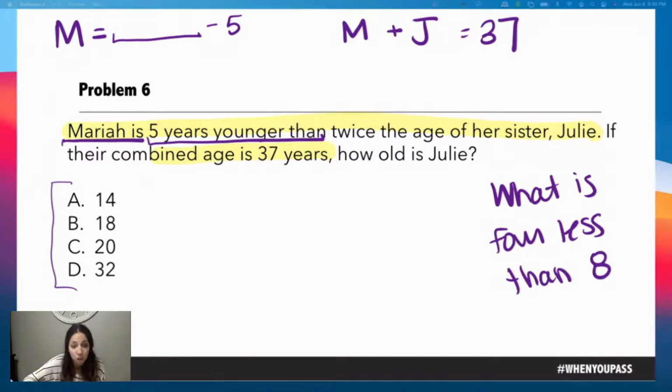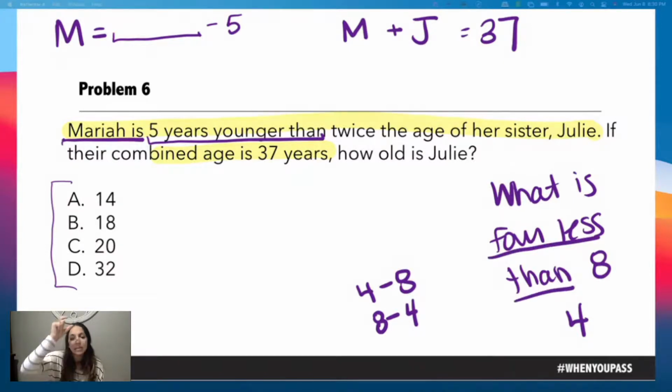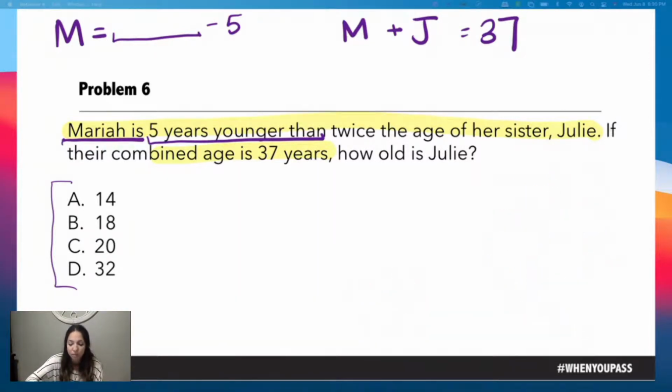You can't do 4 minus 8. 4 less than 8 is 4. But you did not do 4 minus 8 to get that, because if you did, you'd get a negative number. You did 8 minus 4 to get that number. So 4 less than 8 means something minus 4. Now, same thing happens with addition, but addition is commutative, so it doesn't matter.